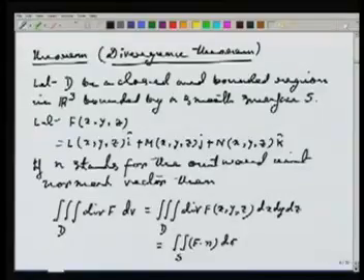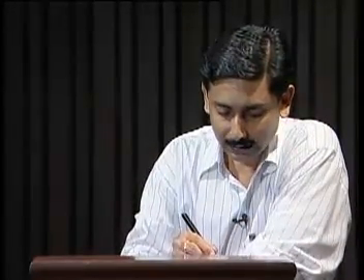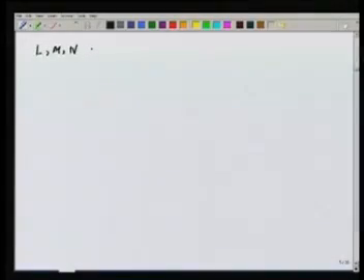To understand it in a better way, well, there are certain technical conditions involved which you will certainly need for the existence of all these integrals. So what we usually use here is that L, M, N have the following property, that L, M, N have continuous partial derivatives.